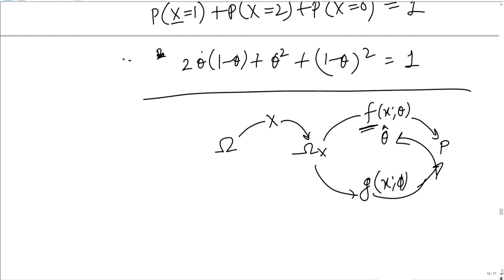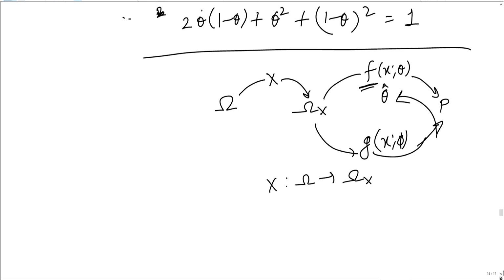Okay, a question. A random variable is a function, right? So for a function you can define its domain and codomain. What is the domain and codomain of a random variable when, let's say, you're tossing a coin 2 times? For a 2 times coin toss experiment, what is the domain and codomain of your random variable?